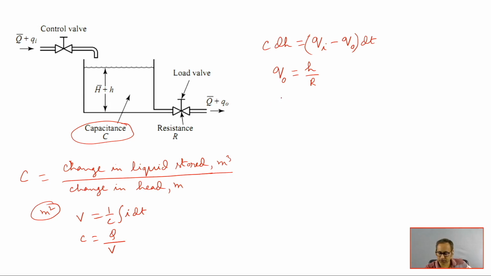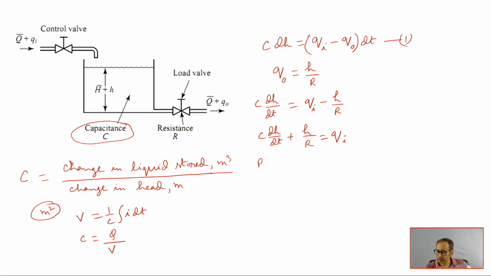So, from equation 1 you write C dH/dt is equal to Qi minus H by R. I have substituted Qo by H by R. So, C dH/dt plus H by R equal to Qi.